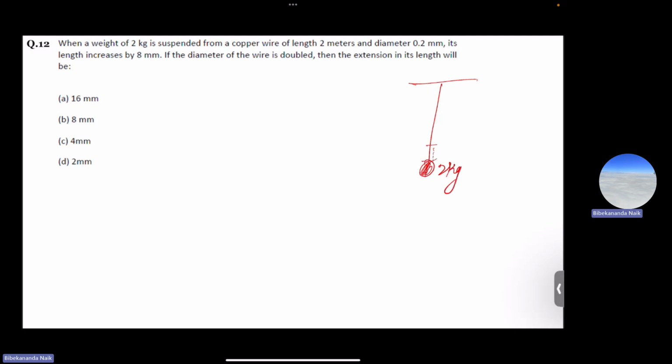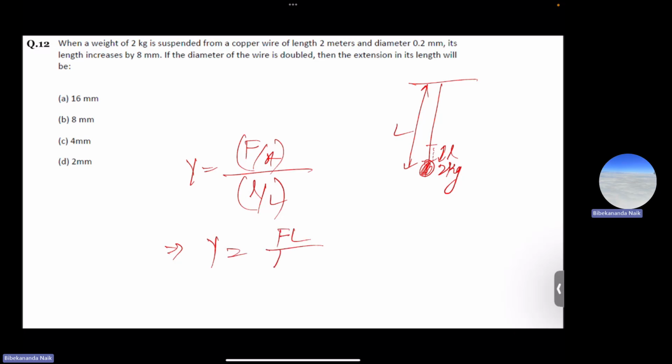Suppose this is the small l and this is capital L. So we know Y is F by A divided by small l by capital L. So Y is F capital L by l A. So small l, that is the extension, will be F L divided by A Y.